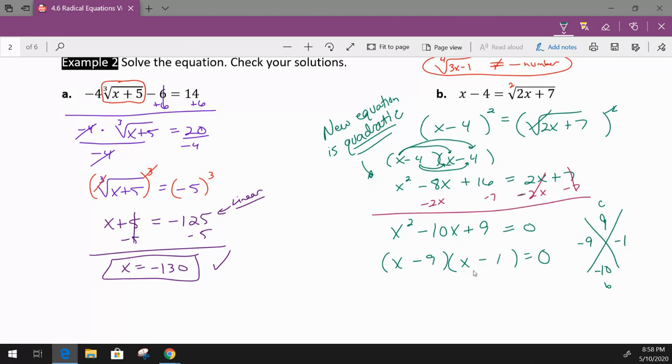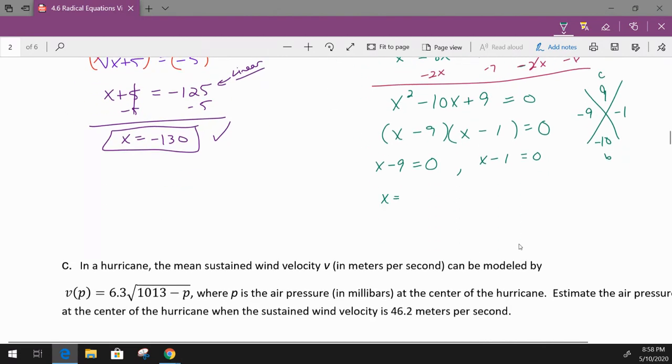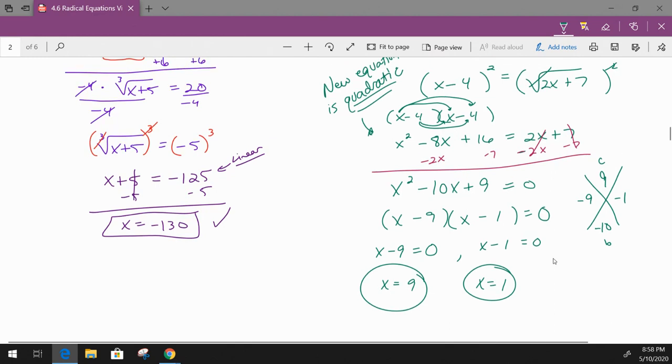So now that we have it factored into x minus 9 and x minus 1, write your two smaller equations, setting each one equal to 0. Add 9 and we get x equals 9 and x equals 1. So those are your two solutions, but we do need to check them back in the original equation.